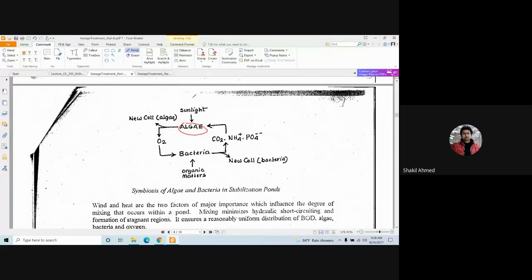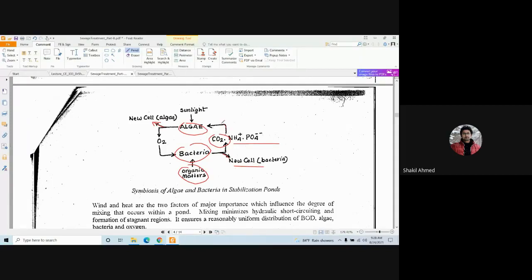Algae, in the presence of sunlight, produce new algae cells, and they produce oxygen, and that oxygen is used by the bacteria and organic matter to oxidize and form carbon dioxide and other matter and new cells of bacteria.